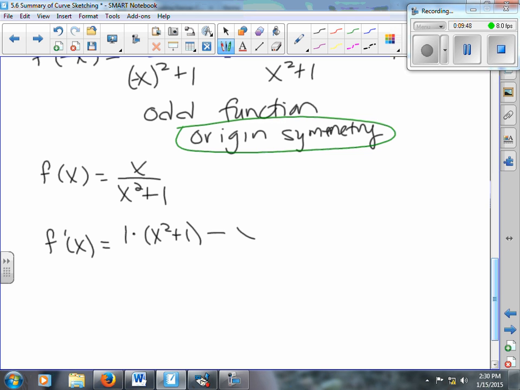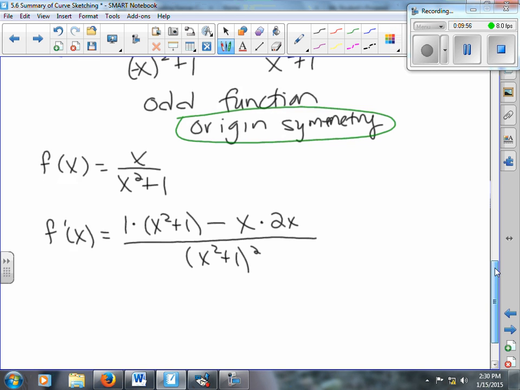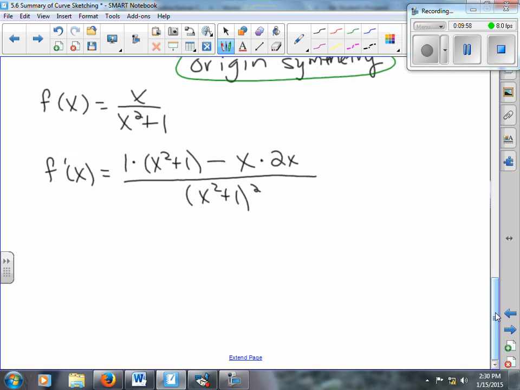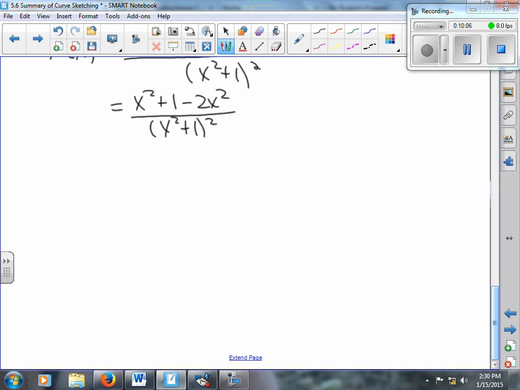Minus the top times the derivative of the bottom, that will be 2x, divided by the bottom squared. If I do some algebra and clean this up, this is x squared plus 1 minus 2x squared, which reduces to negative x squared plus 1 over x squared plus 1 quantity squared.